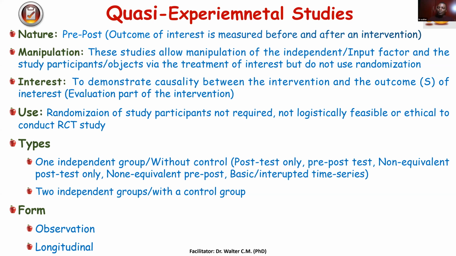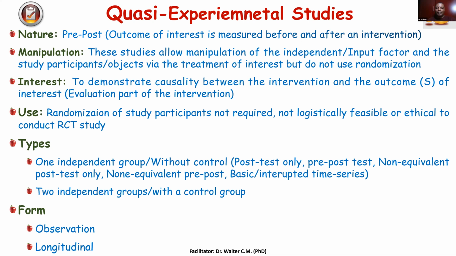Before I implement, I want to know if it is known, because we assume that people are not empty at all. They might sometimes know what you intend to implement, but not in a formal way. They've heard something in the media, or shared information with peers. So you can pre-test, then administer the package intervention, and then post-test.